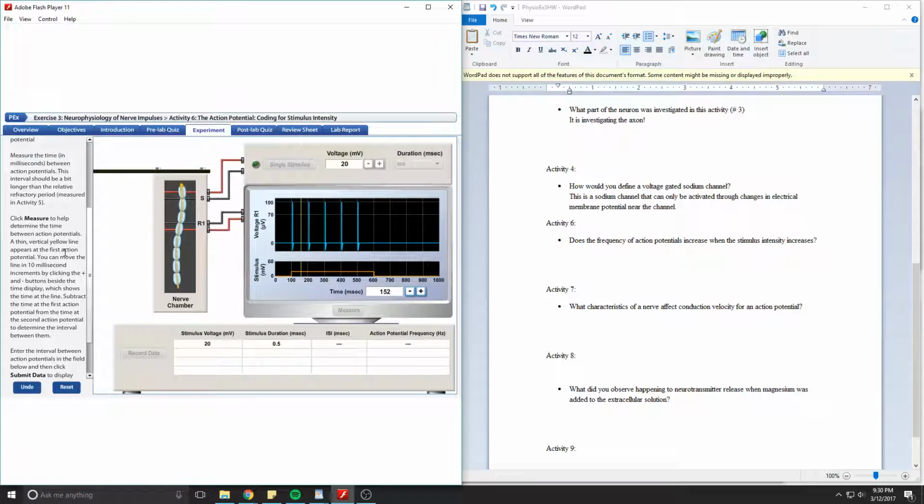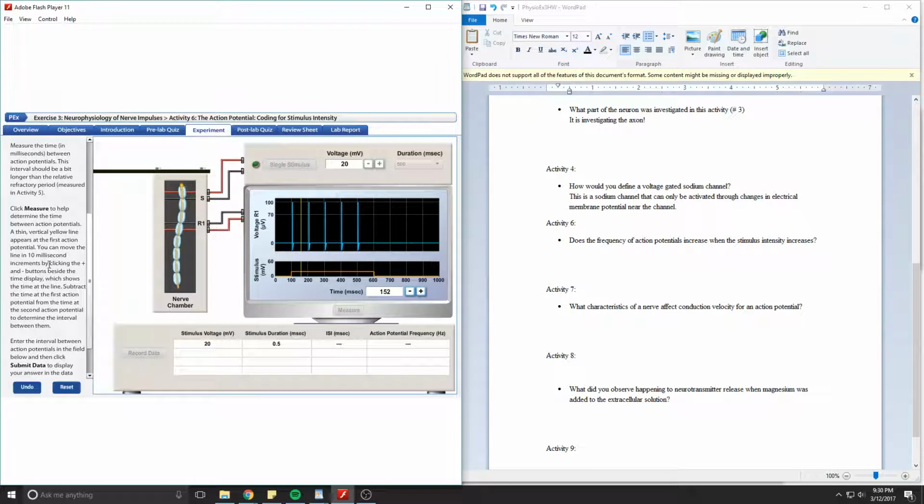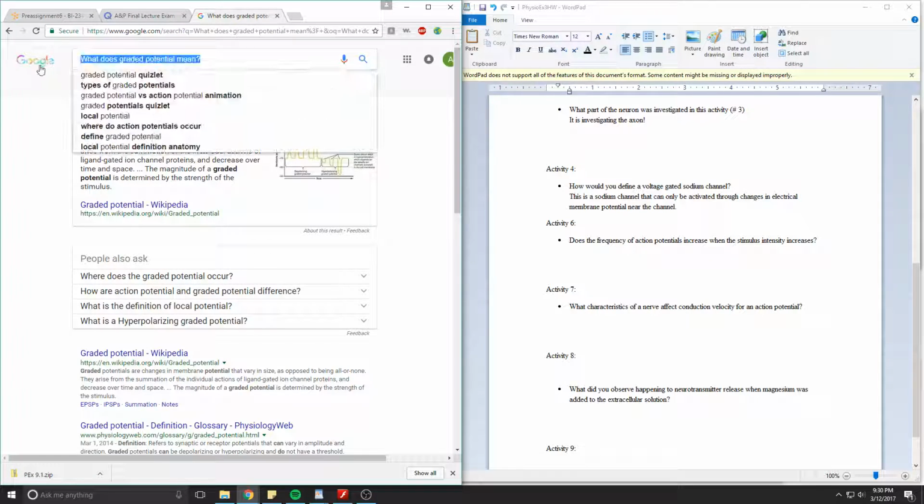Okay, so measure the time between action potentials. I'm going to look up action potential really quick. Is that the peak that we're looking at?